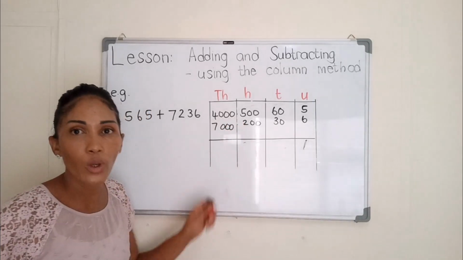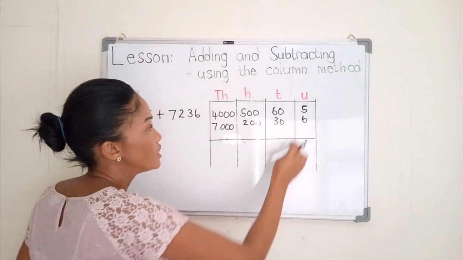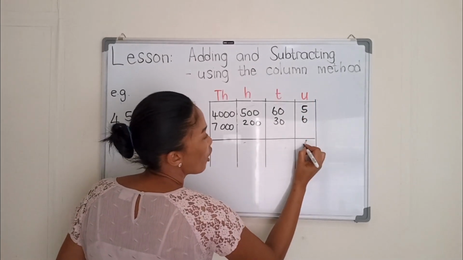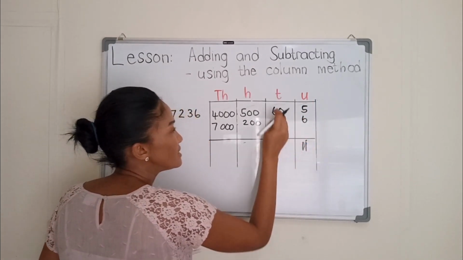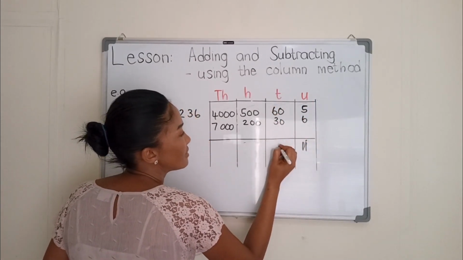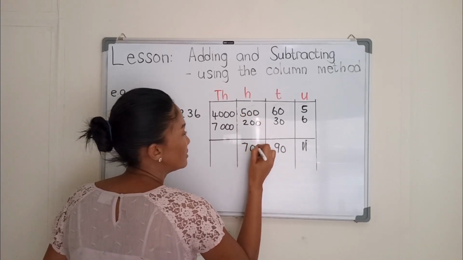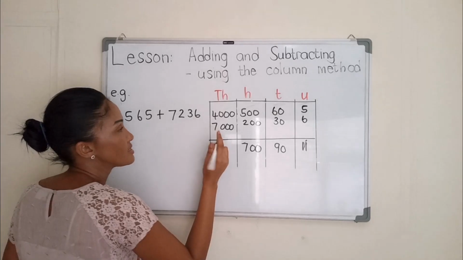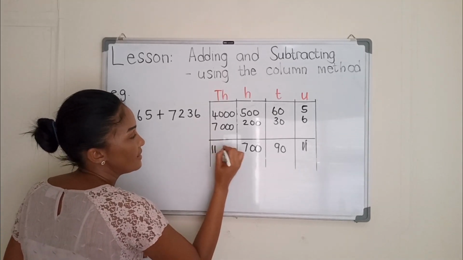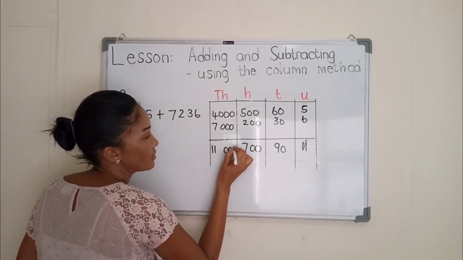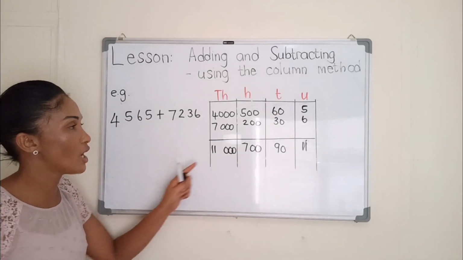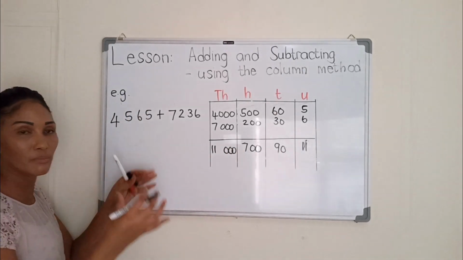So now we're only going to add them together. So 5 plus 6 is a total of 11. 60 plus 30 is 90. 500 plus 200 is 700. 4,000 plus 7,000 is 11,000. Right. So now we're going to add them together.